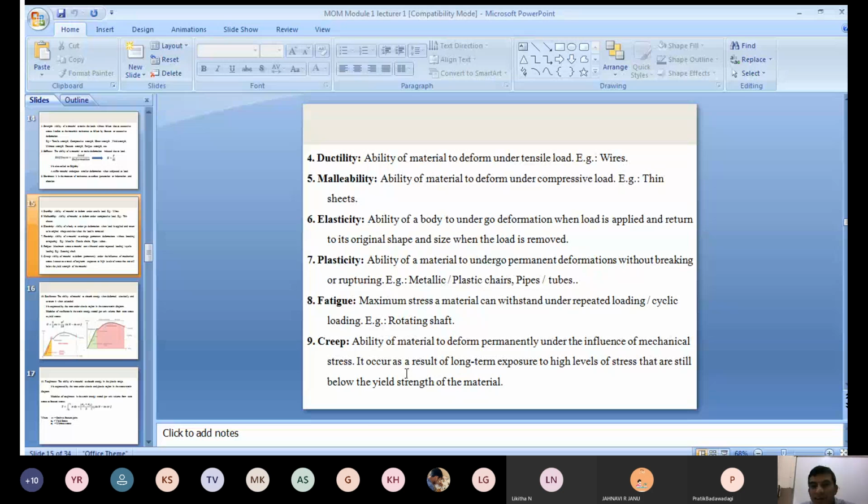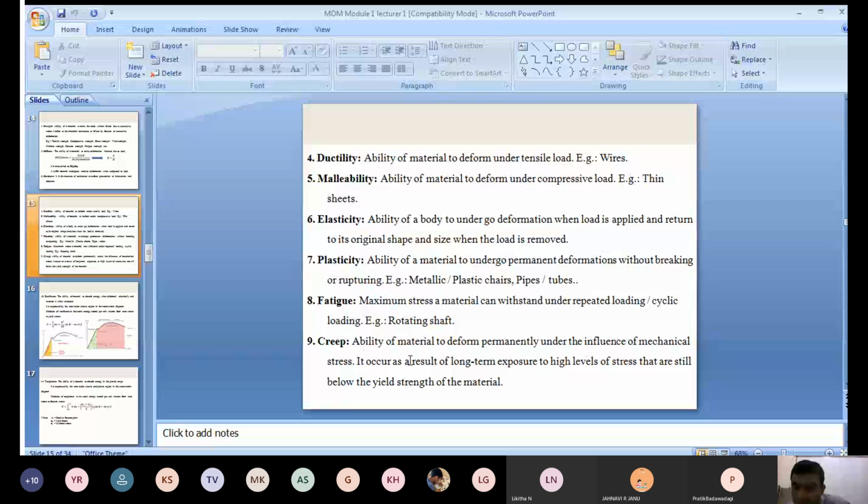That is one best example for fatigue. Next, creep. Creep is a time-dependent parameter. It is the ability of material to deform permanently under the influence of mechanical stress. It occurs as a result of long-term exposure to high levels of stress.